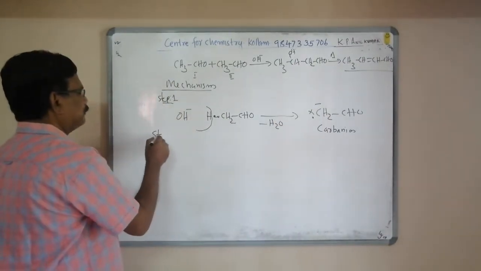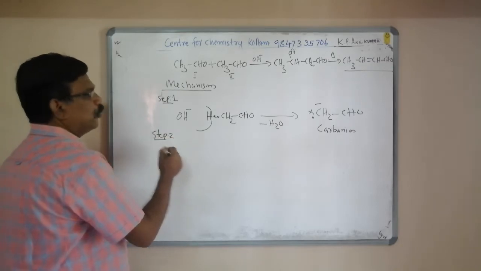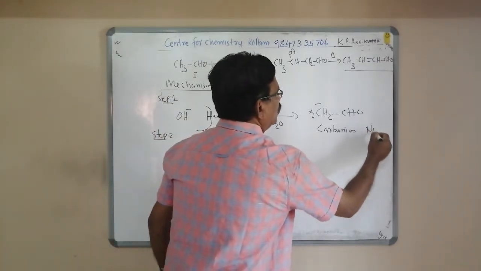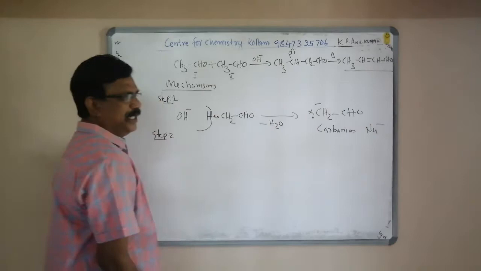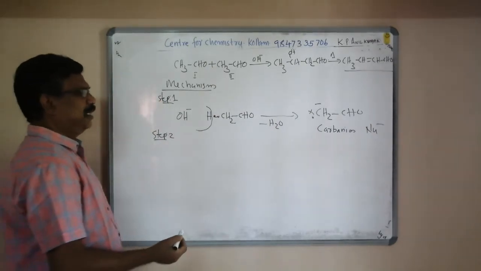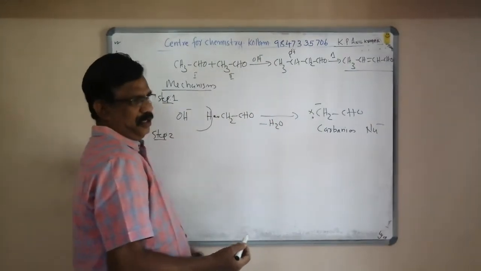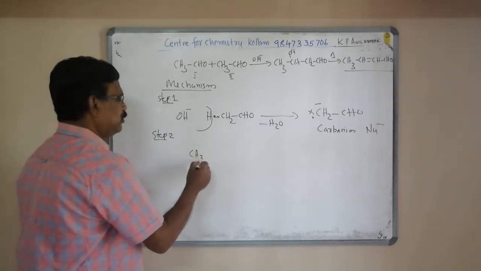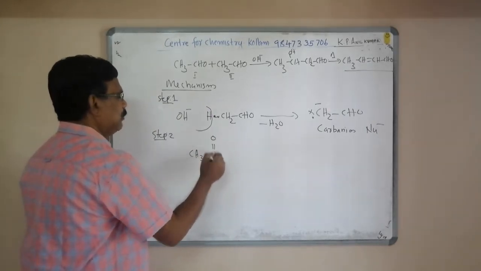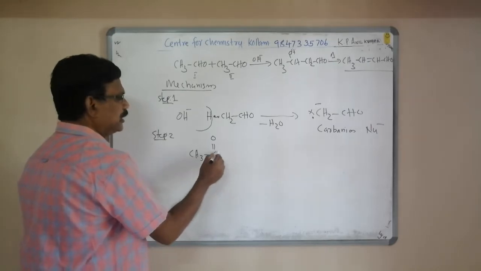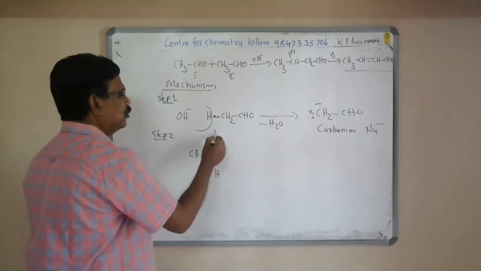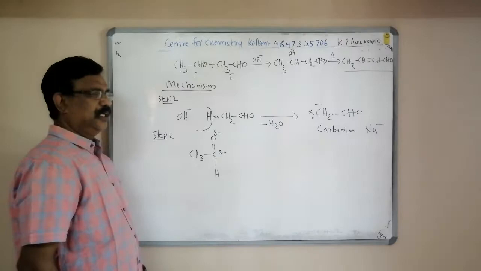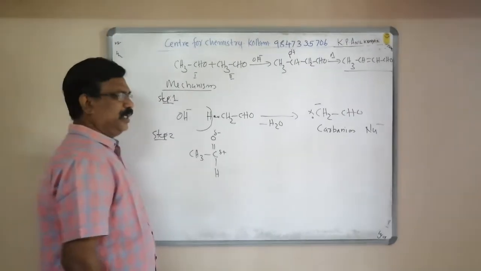Step 2. The carbanion is also called a nucleophile, nucleus loving, Nu minus, carrying a negative charge. It attacks the second molecule. That nucleophile attacks the nucleus of the second molecule, C=O. This carbon carries a positive charge, and the oxygen carries a negative charge. The oxygen atom is highly electronegative.